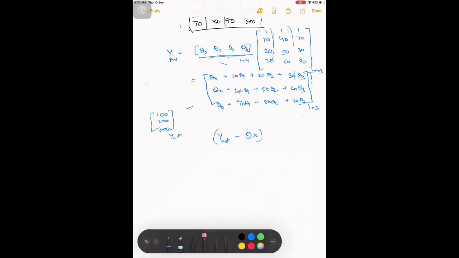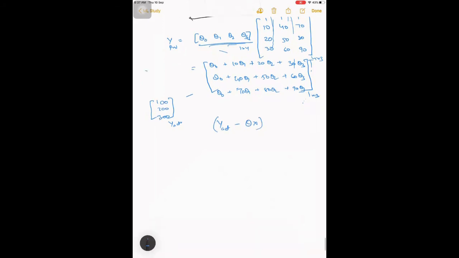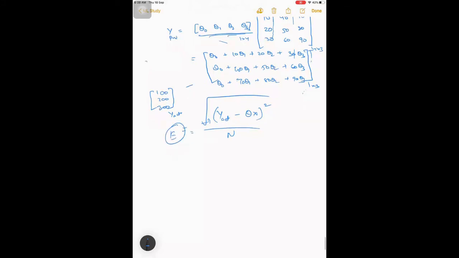So once you get this step, at this level, after getting this, you calculate this one and then square it, take the square root, and divide by n, and you are going to get the error, right? And the next steps are the same, where we are going to find theta naught, theta 1 and so on.